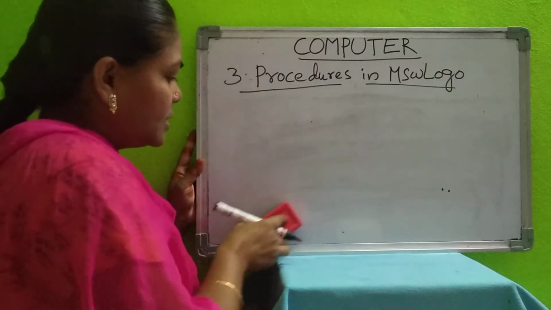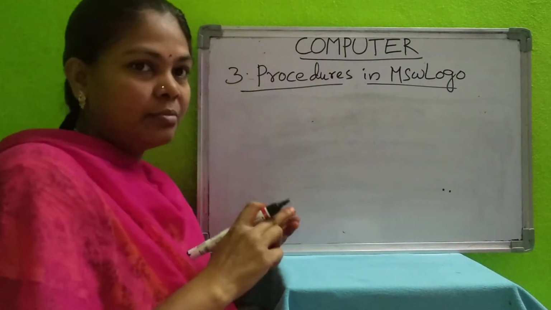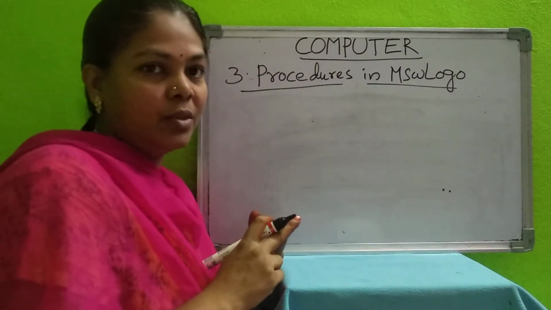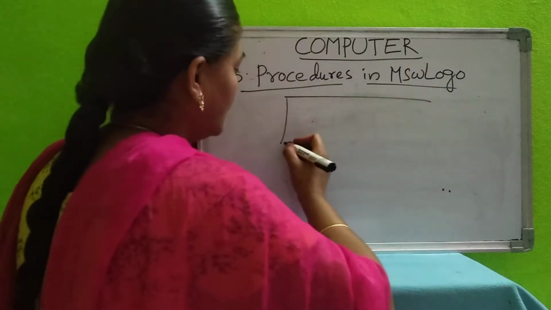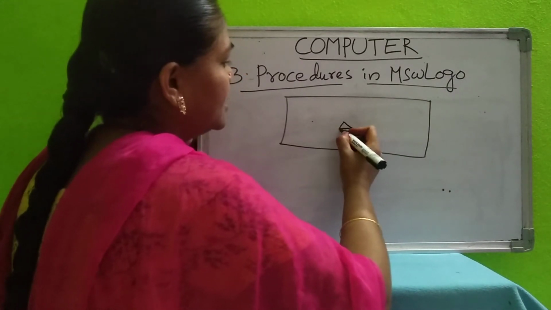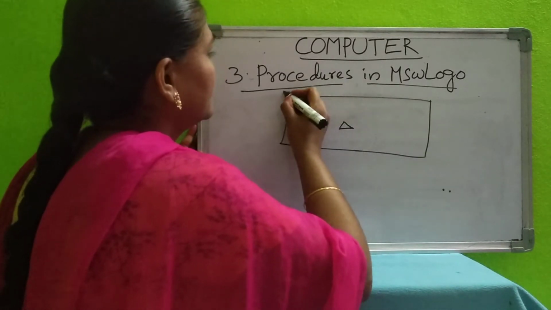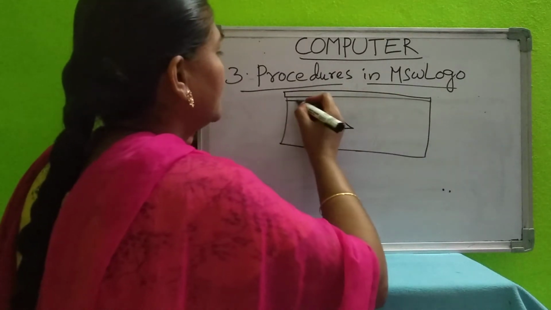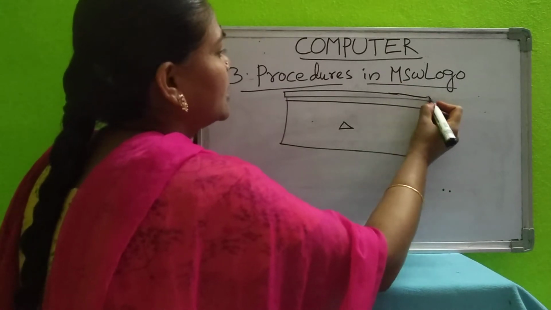So how many parts are there in MSW Logo? 2 parts, the main screen and the commander window. In the main screen, the turtle draws the shapes. It contains the turtle. How many parts in a turtle? Head and body. This is the title bar and this is the menu bar. We know this from 3rd class onwards.